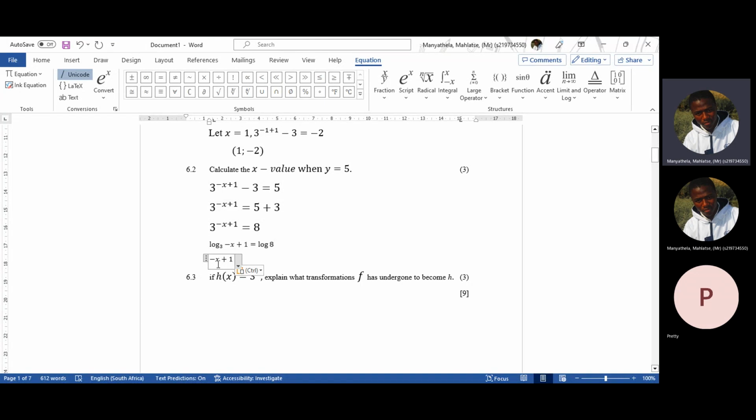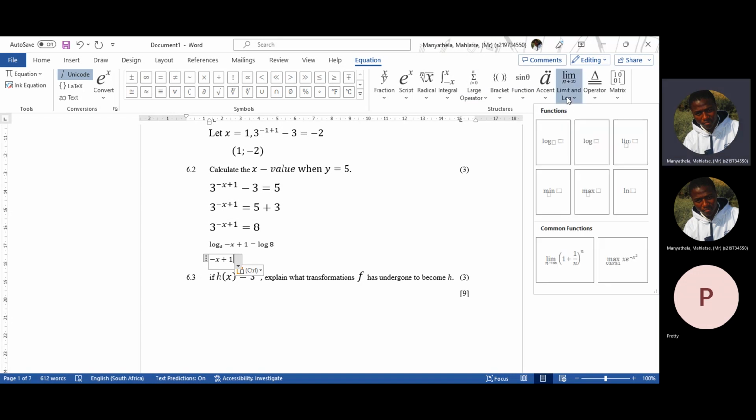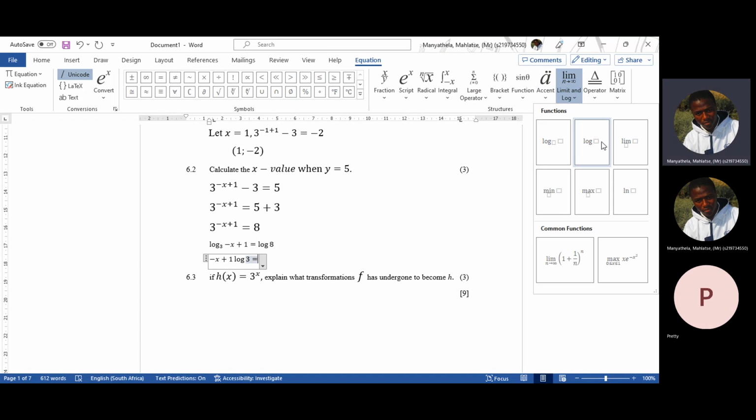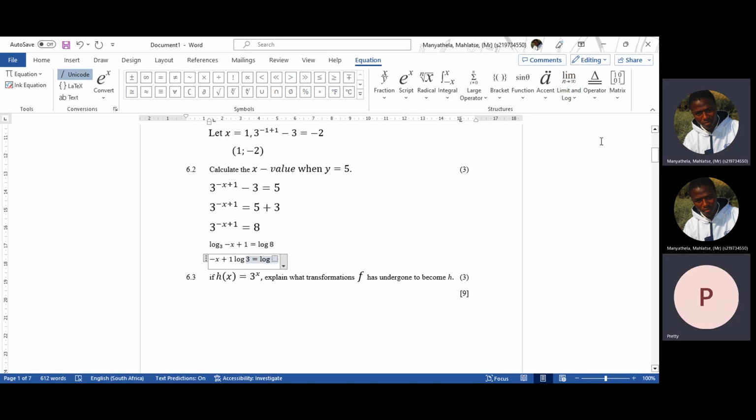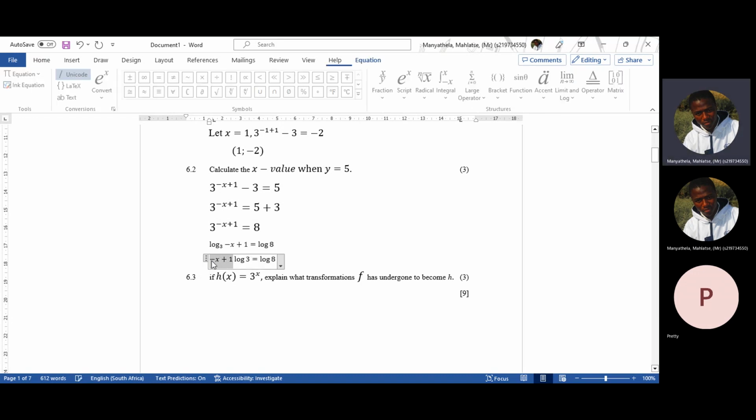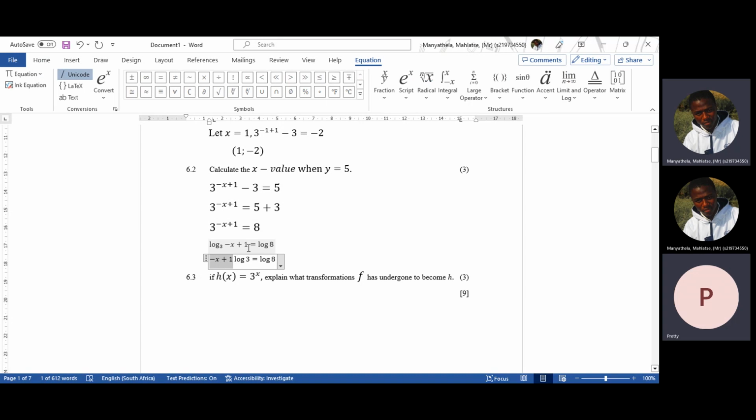So we're going to write this as negative x plus 1 times log 3 equal to log 8. If it is like this, we are looking for the value of x, right? So we have to make negative x plus 1 the subject of the formula, meaning that we are going to divide both sides by log 3 in the next step.